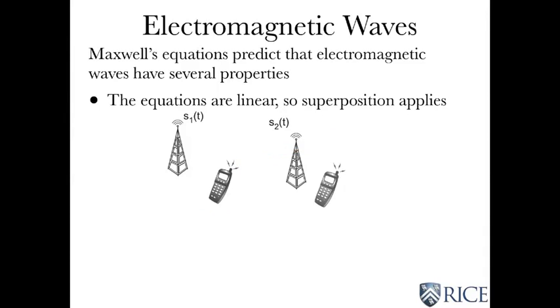Well, okay, there's another side to the linearity thing, and that is, suppose again S1 is trying to send a signal to that cell phone. Let's suppose the second antenna is trying to send a signal to that cell phone. Well, they're going to pick up both. S1 is going to be picked up by that cell phone, and S2 is going to be picked up by that cell phone.